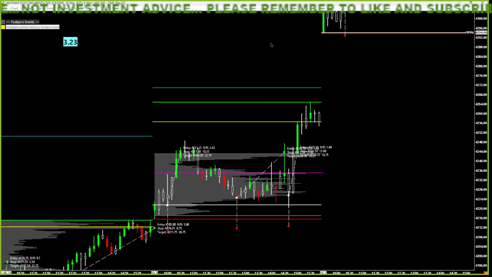This concept is so simple, guys. I can't express enough how simple this process is. It really just takes the guesswork out of it, or takes the disbelief out of this system, or out of the market.